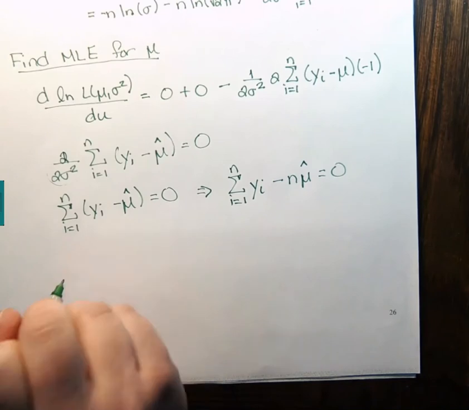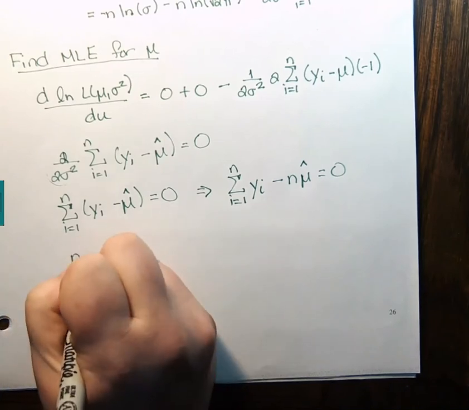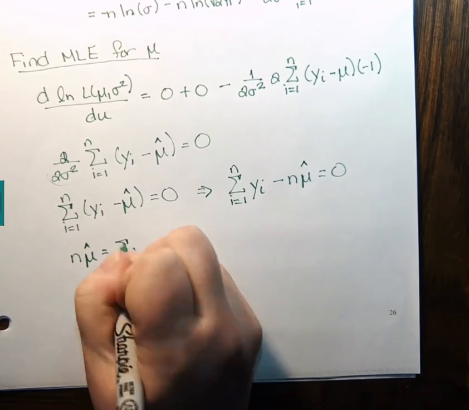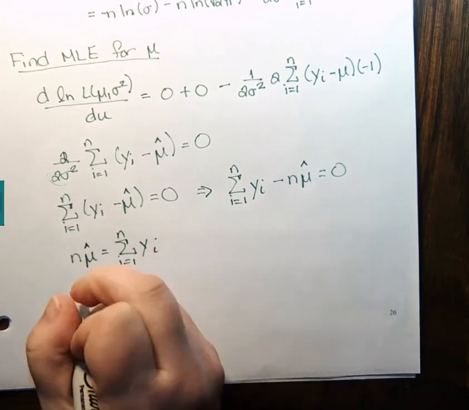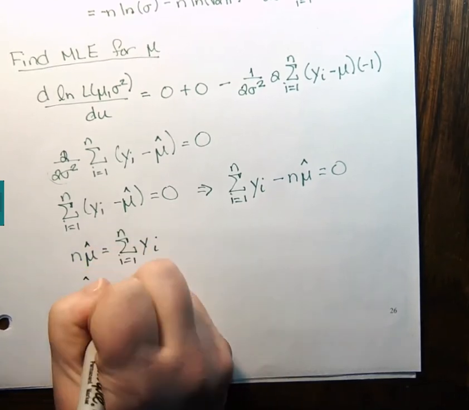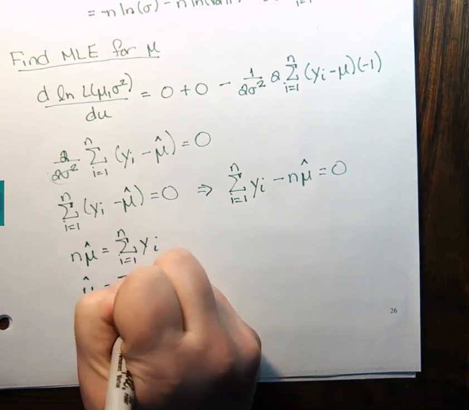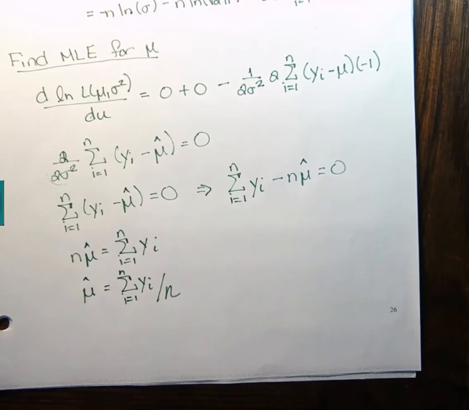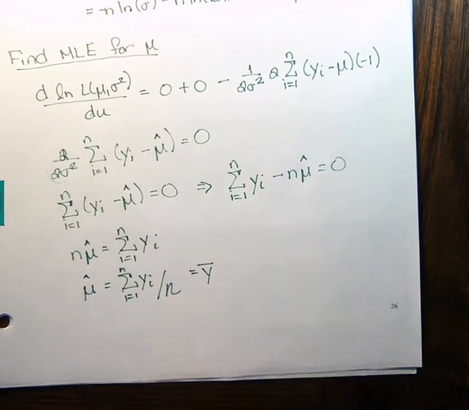And next, this is going to give me that n mu hat is equal to the sum i equals 1 to n y i, and therefore mu hat is equal to the sum i equals 1 to n y i divided by n. And notice that is y bar. That's the sample mean, and that's generally what we would expect to happen.